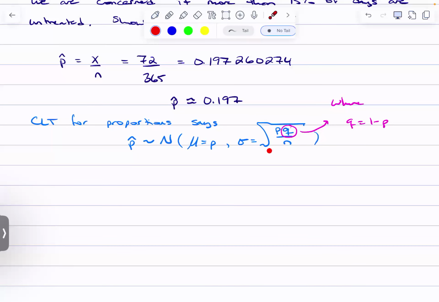The square root of P, which is the population proportion of successes, right, times the population proportion of failures, right? That would be 1 minus P, divided by your sample size. Now this is called your standard error, okay?